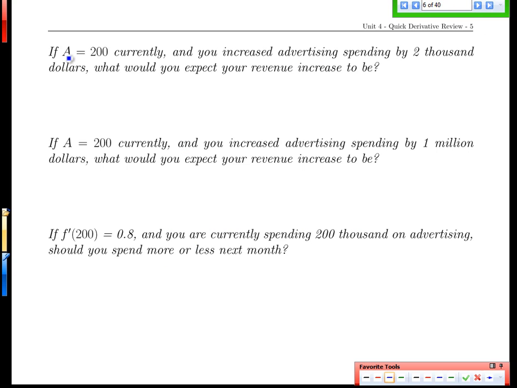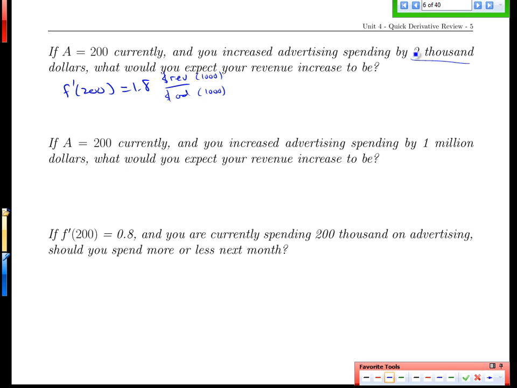So let's take that example where we have $200,000 in advertising currently, and we're going to increase the advertising spending by $2,000. Okay, we said that f prime of 200 was equal to 1.8, and based on the logic in our last thing of dollars revenue per dollar of advertising in thousands. So the units are not quite as nice here, but they're workable. Then if we increase our spending by $2,000, well, each 1,000 in advertising gets us 1.8 in revenue.